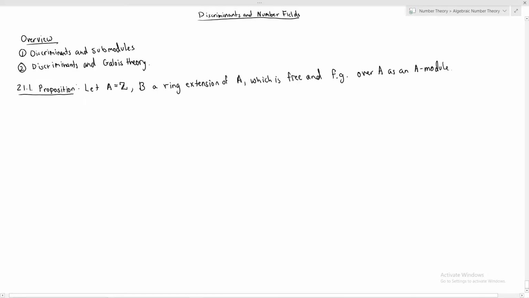Okay, so this is the setting in which it makes sense to talk about discriminants. I guess A doesn't have to be Z, but B has to have these conditions: a ring extension which is free and finitely generated.